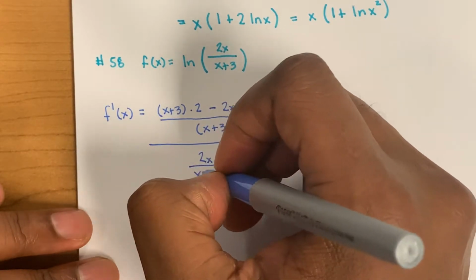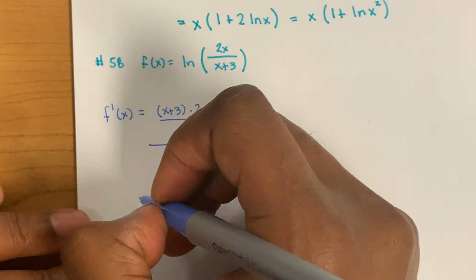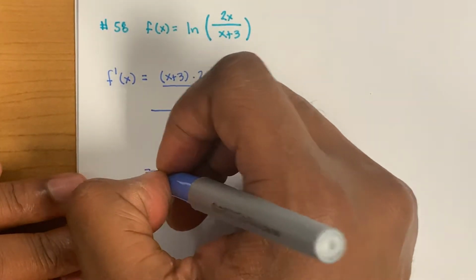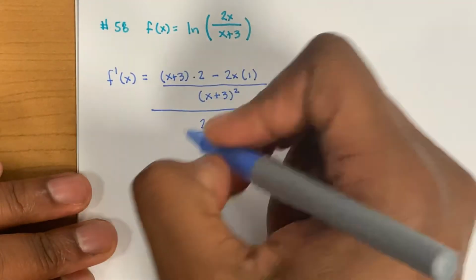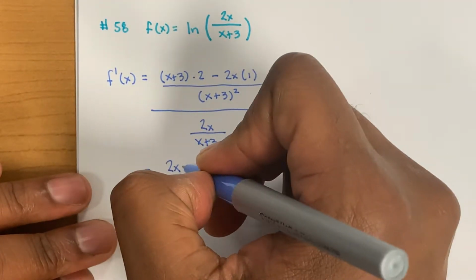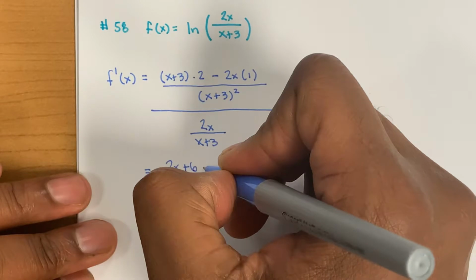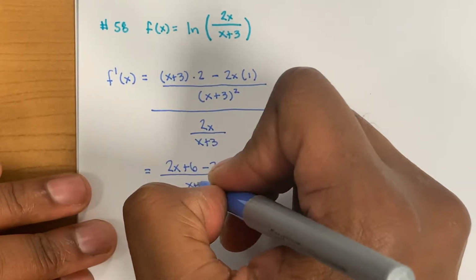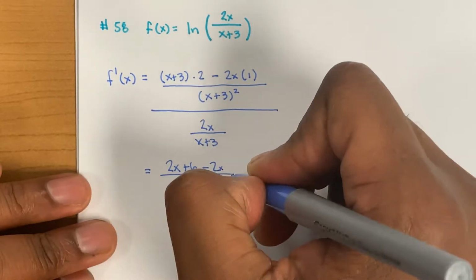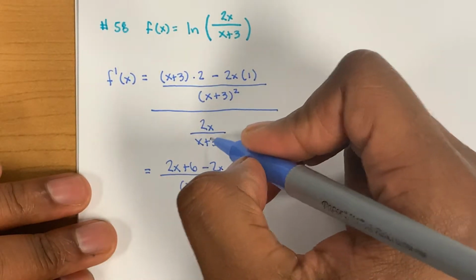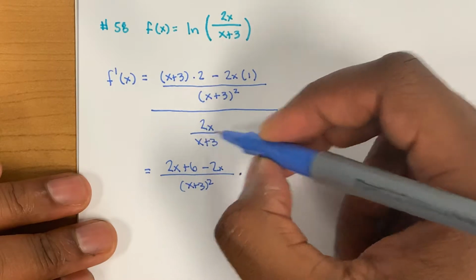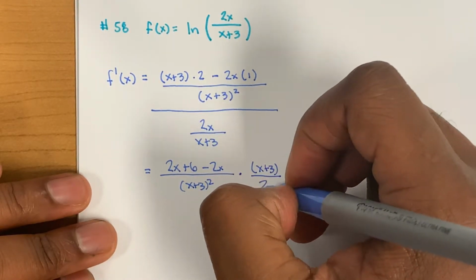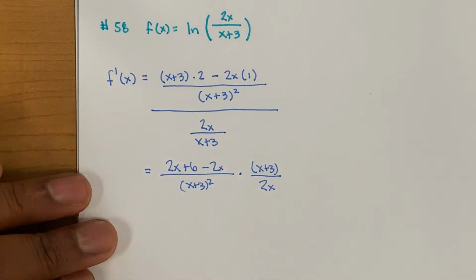over x plus 3, which we know that would further simplify to be, we can combine some like terms. We get 2x plus 6 minus 2x over x plus 3 squared, and then we multiply by the reciprocal of this fraction. So that would give us x plus 3 and a 2x in the bottom.